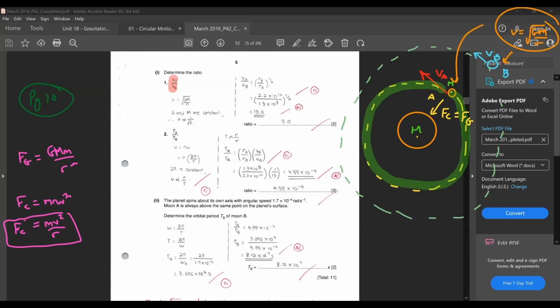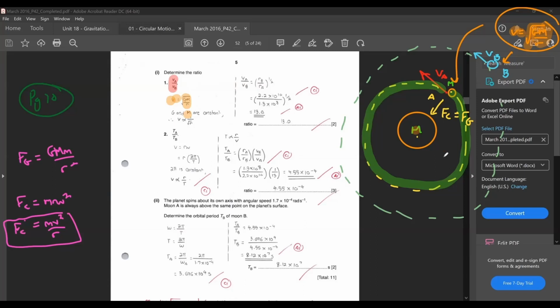When you want to find the ratio of two quantities, almost always you need to find a common equation that links both of them. In your case, it is v equals square root of GM over r. Then from there you try to work out what is actually common for both cases, for both A and B. If you look at v equals square root of GM over r, the thing that's common for A and B is that the mass you're orbiting about is the same.